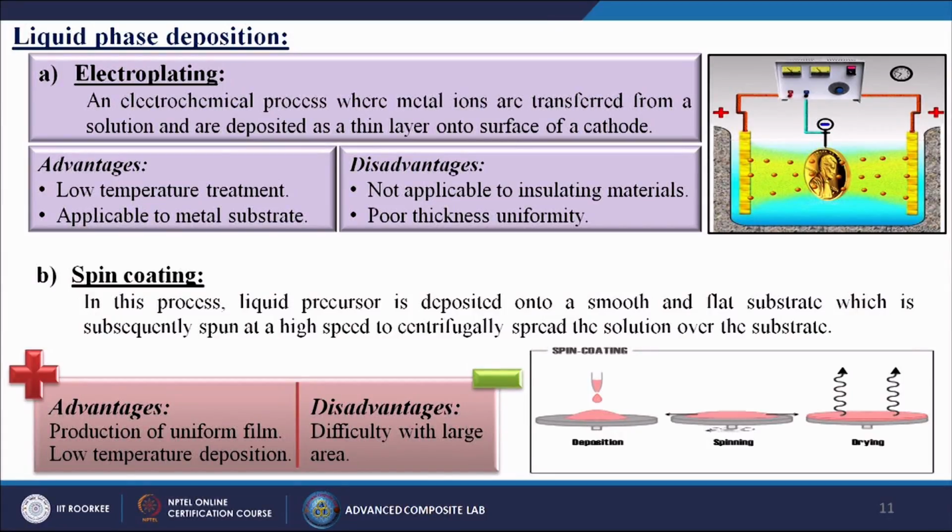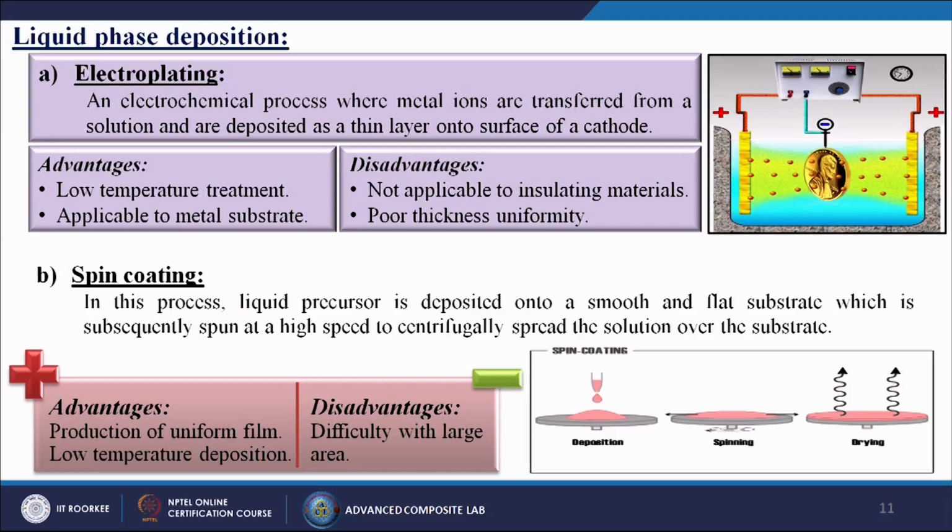Metal ions come from an electrolyte solution, and plating takes place electrochemically. What are the advantages? Low temperature treatment, applicable to metal substrates. Disadvantages: not applicable to insulating materials, poor thickness uniformity. That means we need conducting materials for this kind of modification.